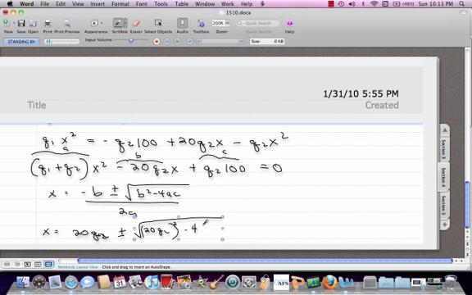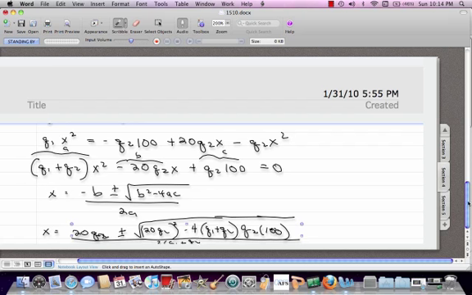Minus 4 times a, which is q1 plus q2, times c, so I have q2 times 100. And then that's all over 2a, so 2 times q1 plus q2.